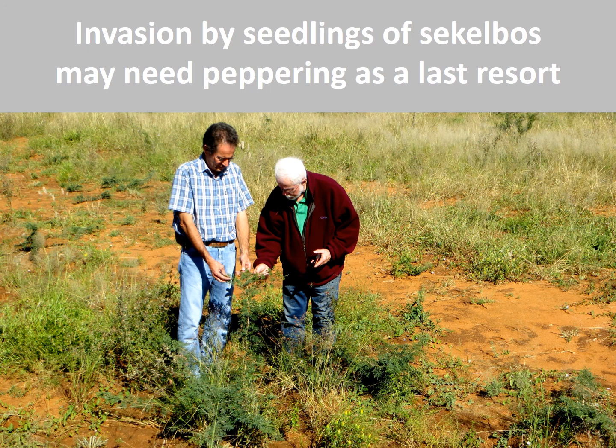So you do that in successive years. It may not eradicate it in the first year or even the second, but if you keep applying that pepper, it's called a pepper because it looks like pepper, then you can eliminate that plant from the area. That plant will fail to find any nourishment in that area.